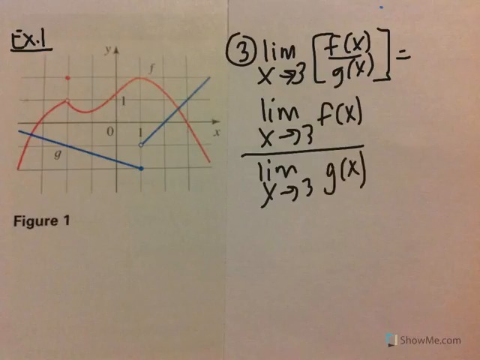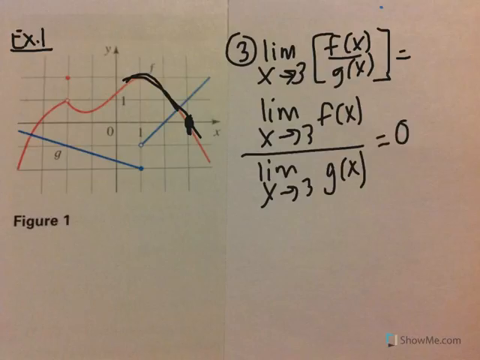And this will work as long as g of x doesn't equal 0. So using the graph, here's 3. Now remember, f of x is the one in red, so as I approach 3 from the left, it looks like it's about a half. And when I approach 3, it looks like it's 0 from either direction. So I end up getting 0.